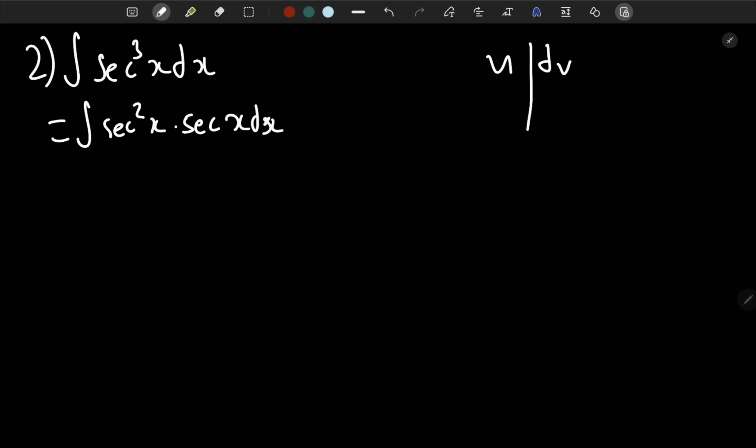So here we're going to choose our u as secant squared x and dv as secant, sorry, it's the other way around. So u here is going to be secant x and dv is going to be secant squared x, since we need to differentiate u and we need to integrate dv.